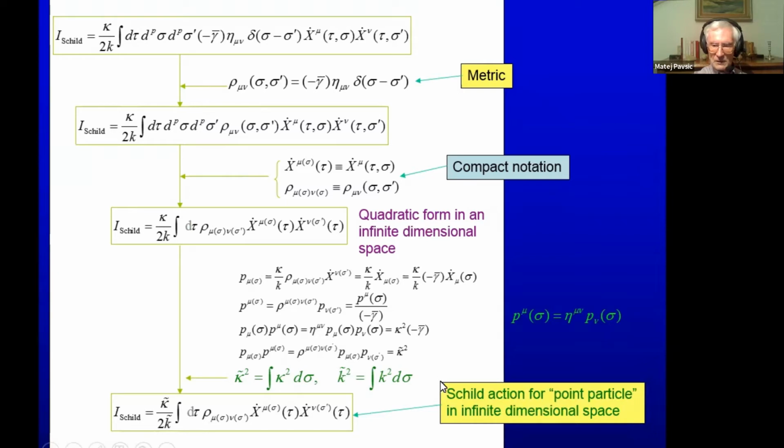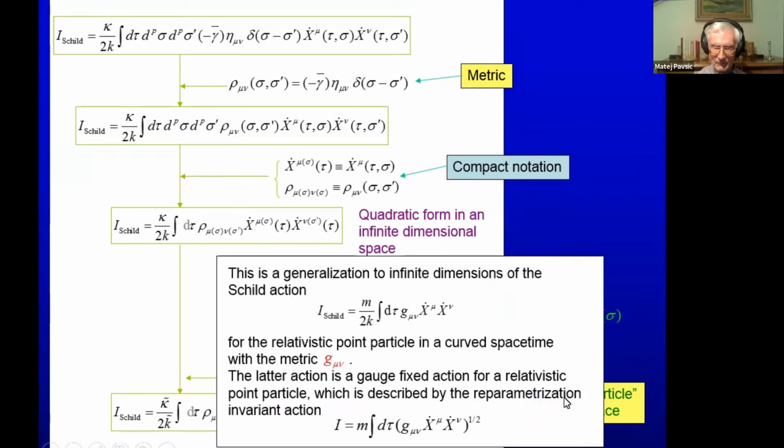And this is the Schild action for a point particle in infinite dimensional space. This is a generalization to infinite dimensions of the Schild action for the relativistic point particle in curved spacetime with the metric G mu nu.